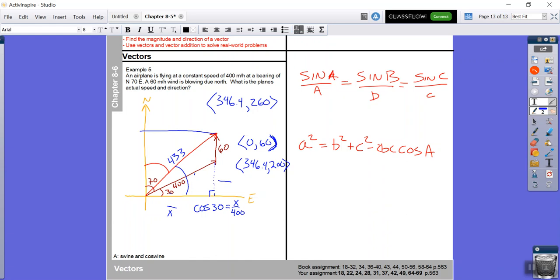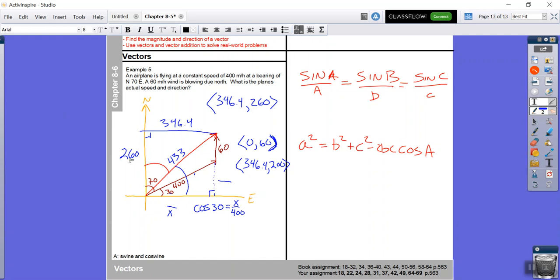Using vector addition, this side is 260, this is 433, and we also know that this is 346.4. I can use any of my trig functions to find the resulting angle here. So let's go ahead and do that.